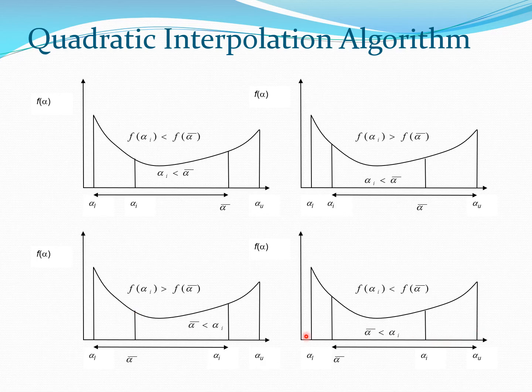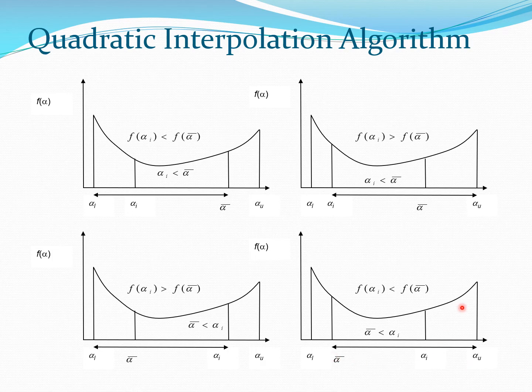And basically then what happens is we select this part as the part which we retain for further consideration. Here f alpha I is less than f alpha bar. So we can see here that f alpha I is here, f alpha bar is here, so this is less. So therefore now this region is going to be the one which we consider.